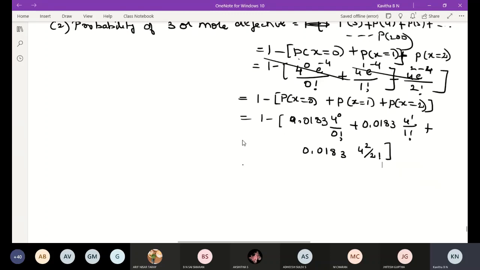Then next take down here 0.0183 common. 4 to the power of 0 divided by 0 factorial is 1 plus 4 square by 2, 16 by 2 it is 8. Then simplify and tell me the answer.